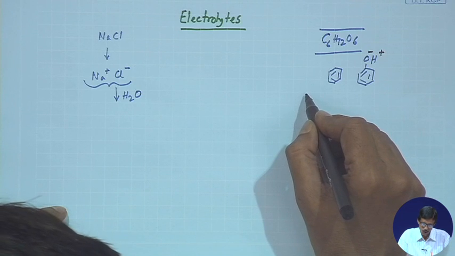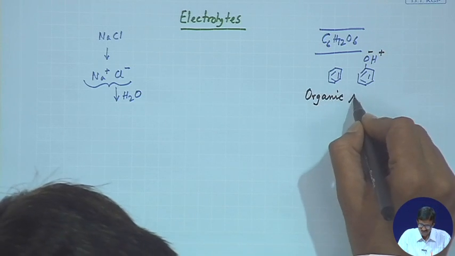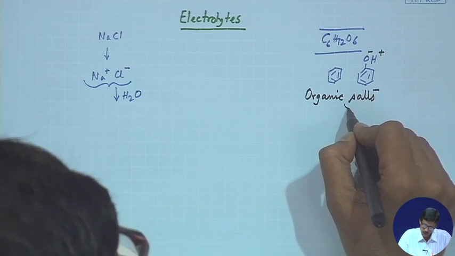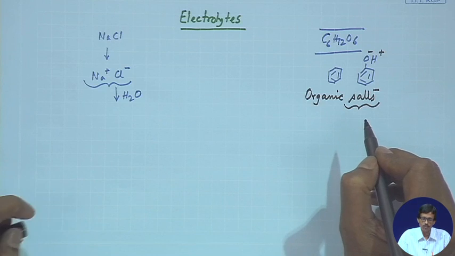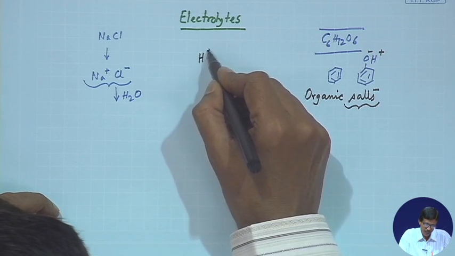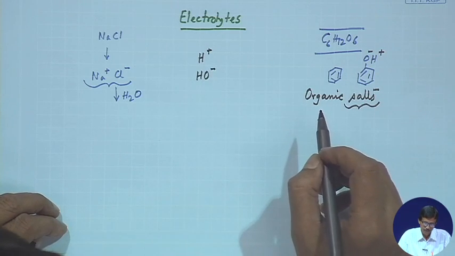Similarly, there are organic salts, and we know from school the typical definition of these salts. So, H plus and HO minus will come into the picture again.